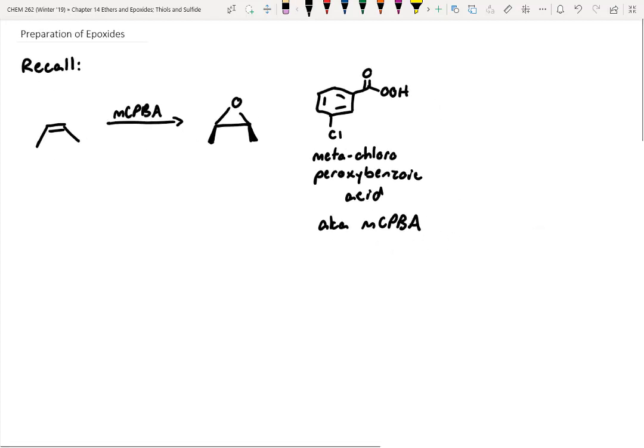However, if you started looking through Sapling at all for this chapter, you've probably seen another one. This one also works. It's not as common, but you occasionally still see it used. This is peroxyacetic acid.